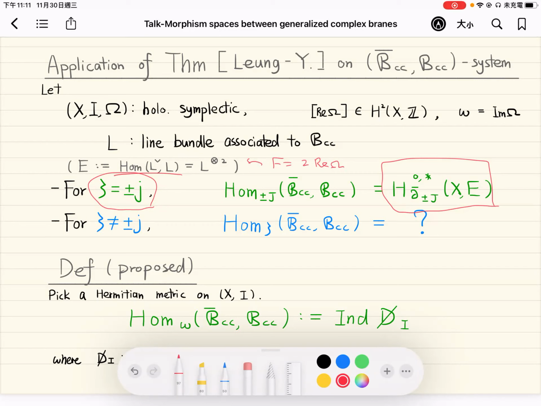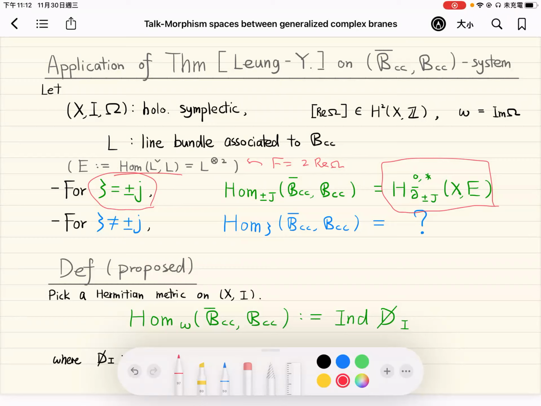What if we choose another point except plus or minus J? In the past we didn't have any clues how to define this kind of Hom space. But because of our work, we are trying to propose a definition of this morphism space.